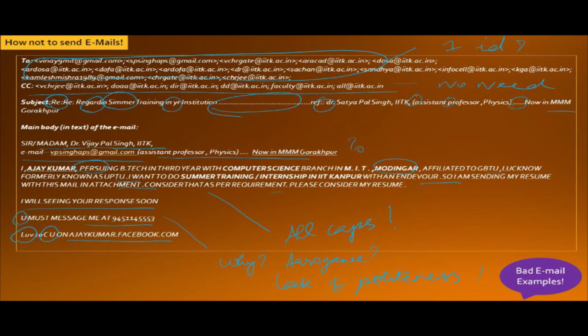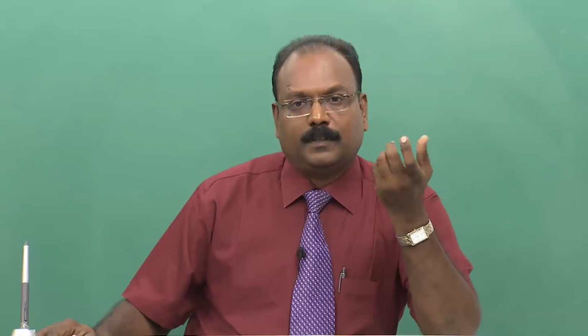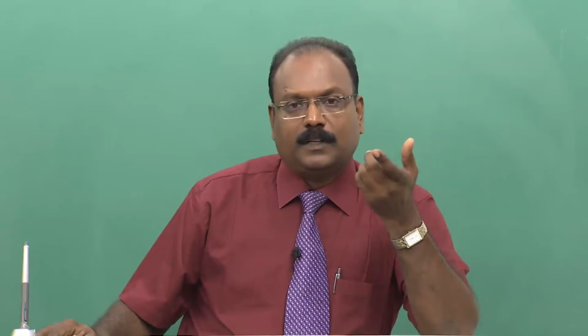Now, let us see how we can closely analyze this and then improve your email writing skills and soft skills. First of all, the To field: actually this person is sending to only one faculty asking for internship. But look at how many email IDs. Now, this student is thinking that if you send emails to 1000 people, at least one person will respond. Now, it is the other way around.